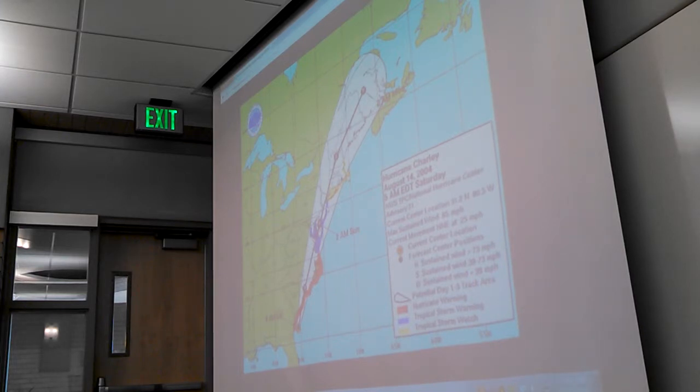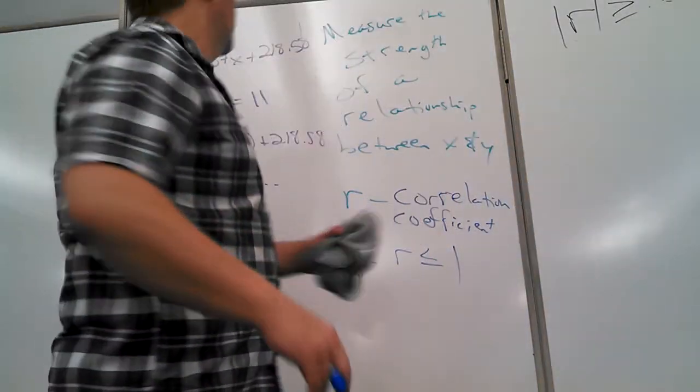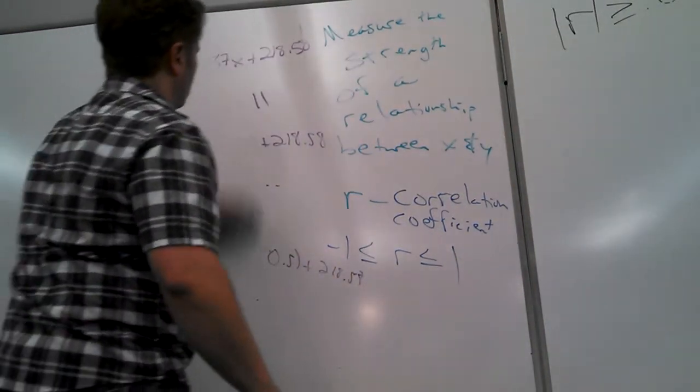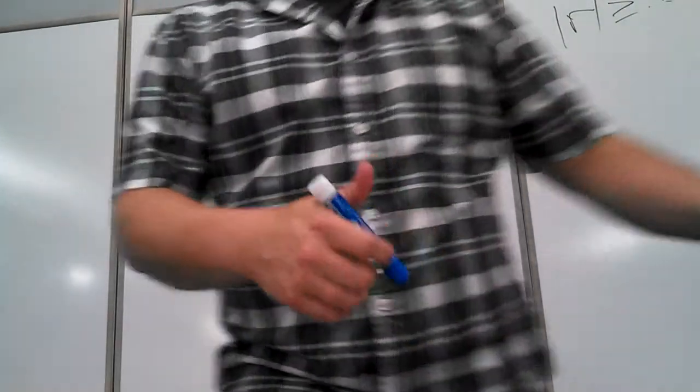Yeah, number 2 is probability stuff. Is that chapter 4? Chapter 4. Number 2.